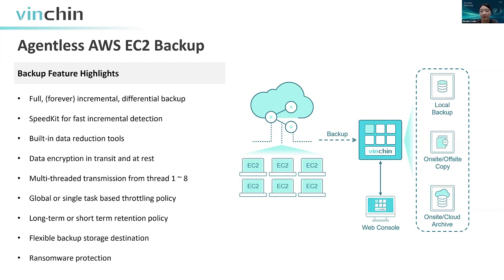Of course, you can directly store the backups on AWS cloud, but other cloud platforms are supported as well. And lastly, Vinchin supports anti-ransomware protection for the backups. With this, any malware, ransomware, and human errors can be avoided.